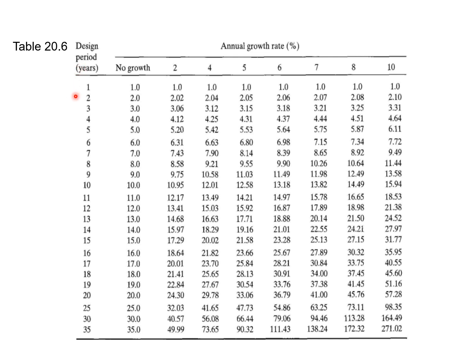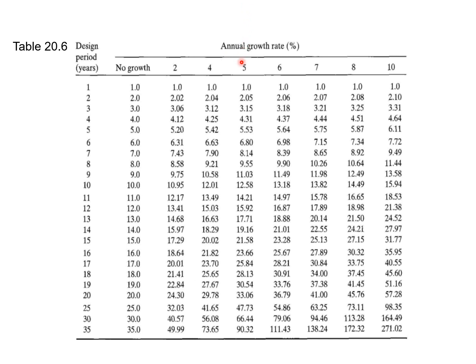So design period in years, and when there is no annual growth, then this column will be consulted. Otherwise, here you can see the 2% growth is there, so in that case this column will be used to get the growth factor. This is meant for 4% annual growth, and so this column will be used.